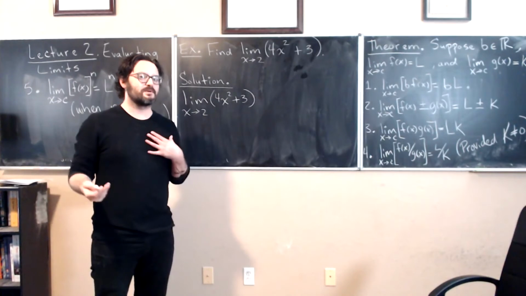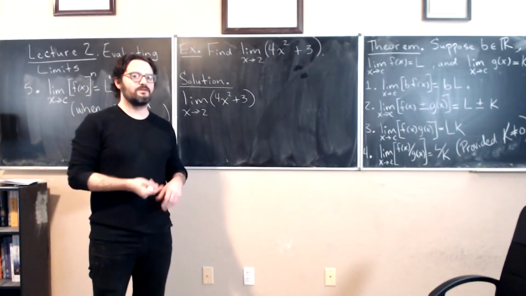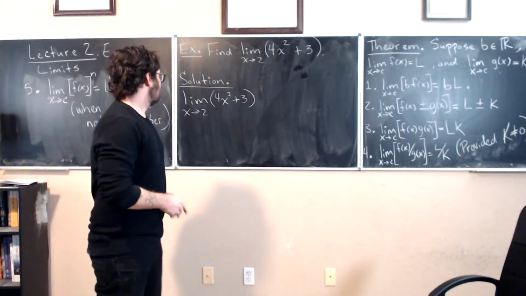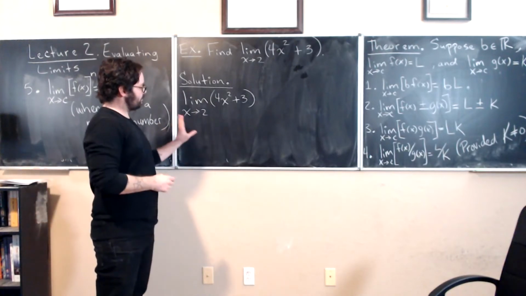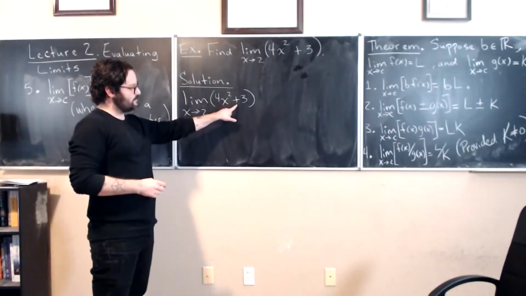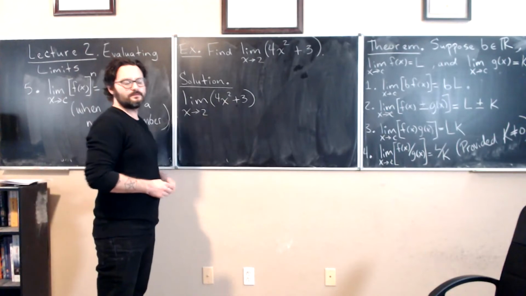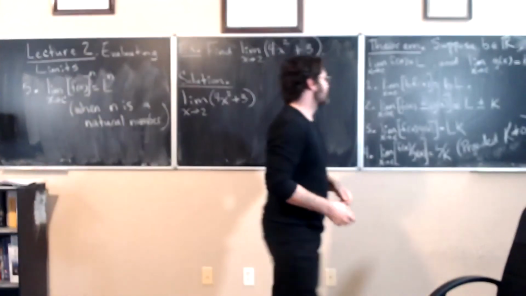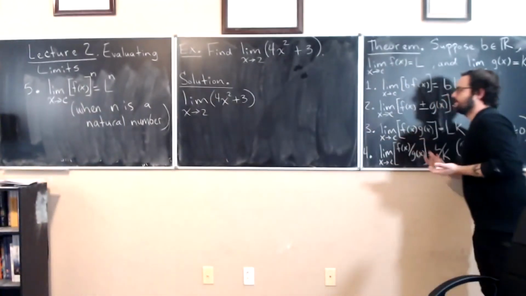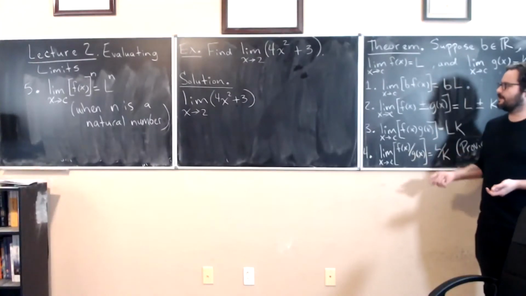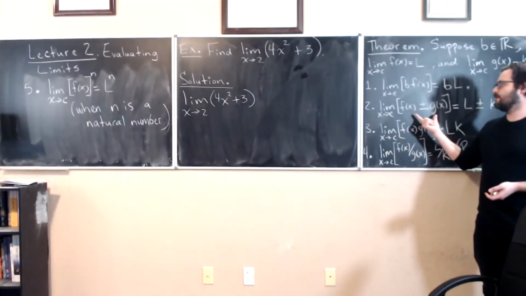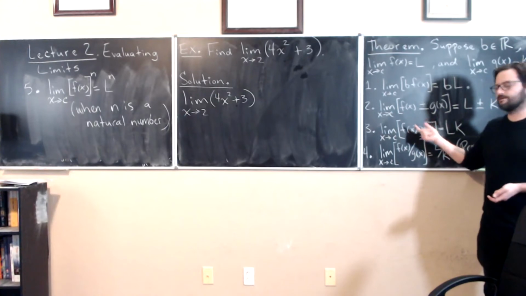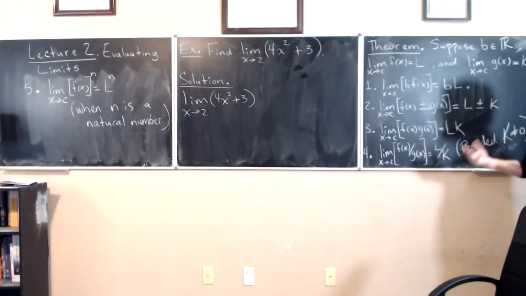It's smooth, I'm not expecting any problems, so I should be able to just work through it. Now, currently I see a limit of a sum, where in this previous theorem, I observe that the limit of the sum of functions is the sum of the limits, if the limits exist.